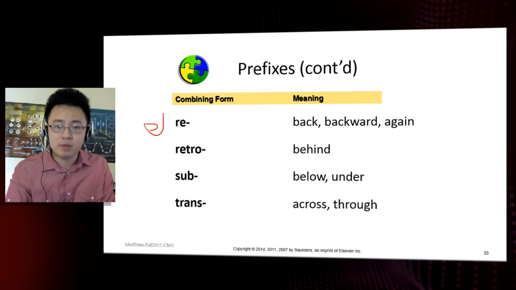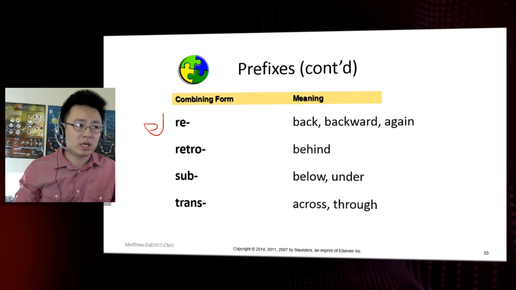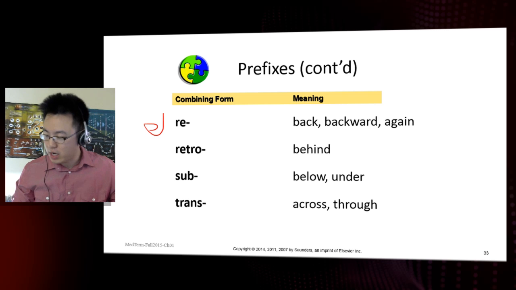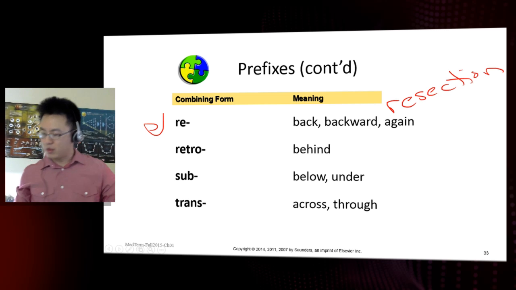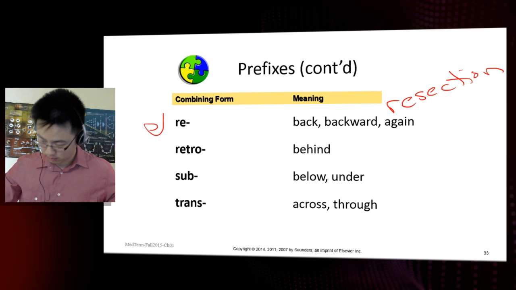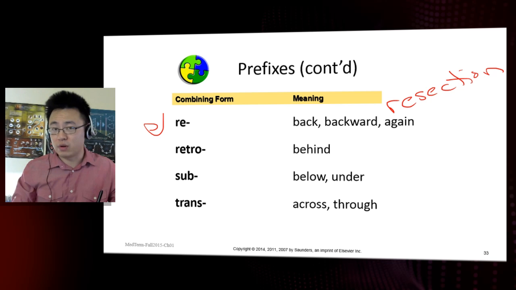Re means back, backwards, or again, like repeat, remission, or all those kinds of words. Or how about resection? Now I'm going to write these terms on the slide as best as I can. Resection means a process of cutting back or removal.